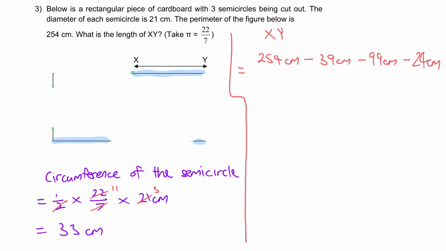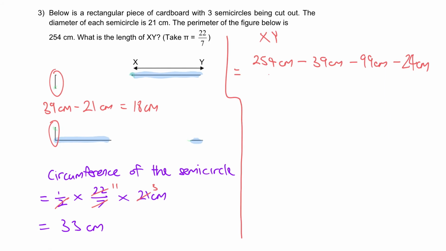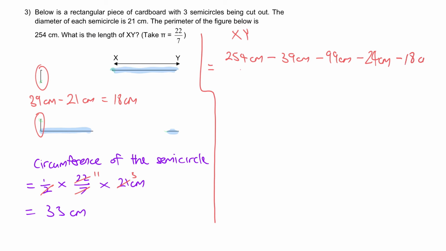So this and this is equal to 39 minus the diameter, which is 21 cm, and that will give you 18. So these two lengths over here are minus 18 cm. Let's remove it from the picture.